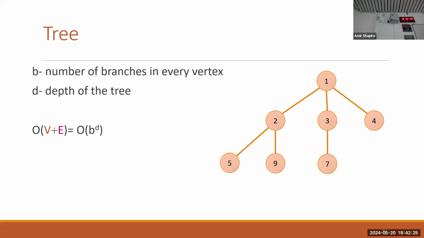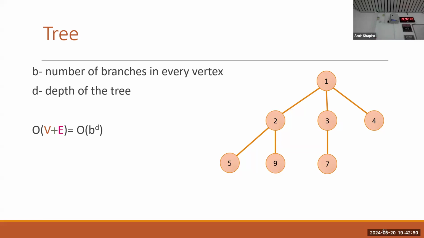B is the number of branches in every vertex. So here the branching factor is 2 because we have 2 branches. And D is the depth of the tree. You see, it has 1, 2, and 3 levels. This is the depth of the tree. Here it's 3.